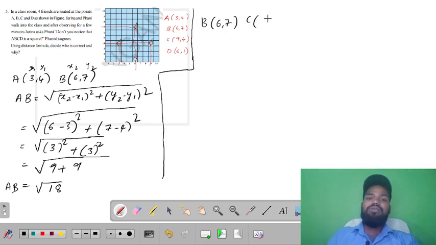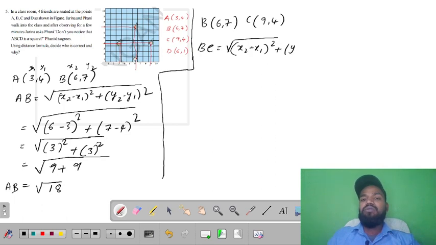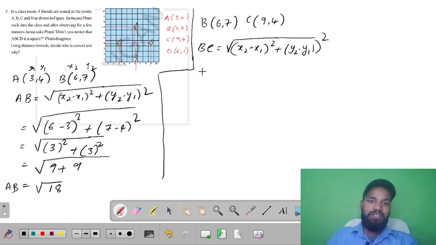What is the C value? (9, 4). Now the distance between BC equals the square root of (x2 minus x1) whole square plus (y2 minus y1) whole square. This is x1 and this is y1, and this is x2 and this is y2.